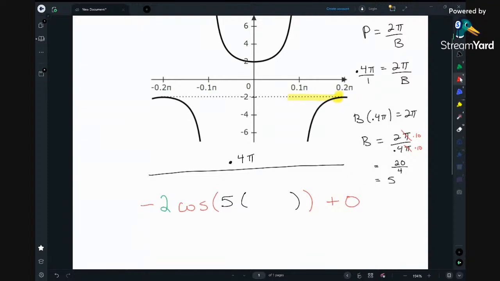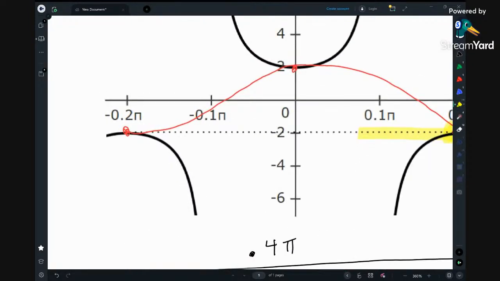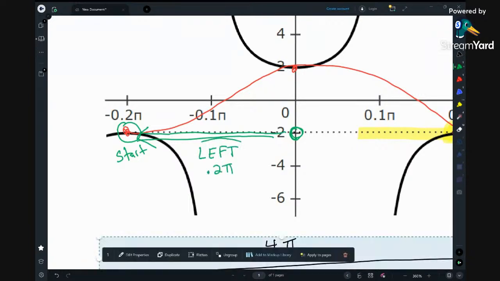The next thing and last thing is that if I put this cosine graph back quickly here, I want to emphasize that it is not starting on the y-axis. See this? Start. It's not over here on the y-axis. It has actually been shifted to the left 0.2 pi.